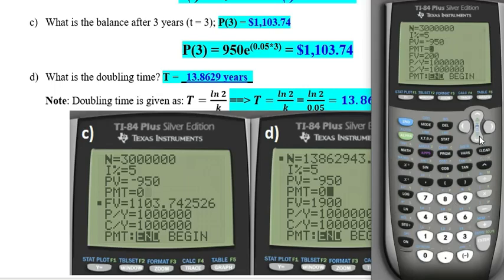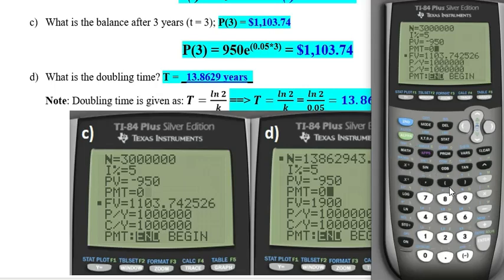PMT, we don't care, we leave it 0. And future value, this is what we are trying to calculate, so we put it 0. Then P over Y is 1 million, C over Y is 1 million. Then you go to the future value, which is in 3 years. You do alpha solve, and that is $1,103.74.